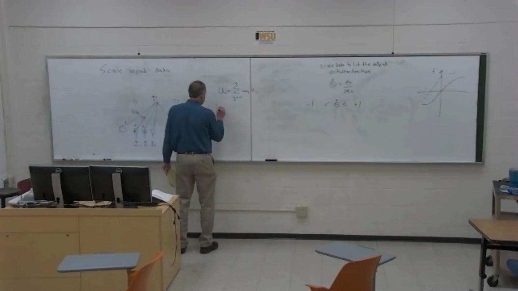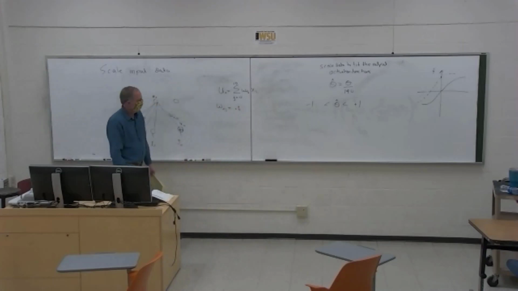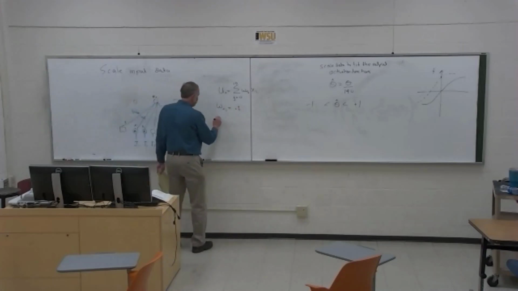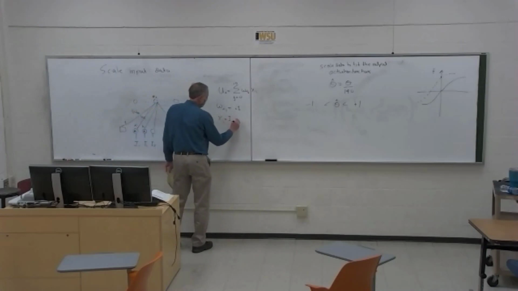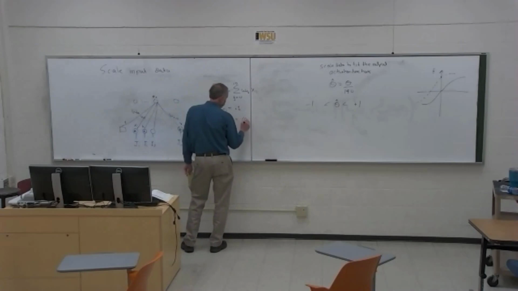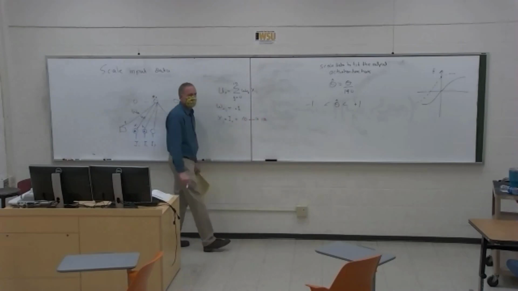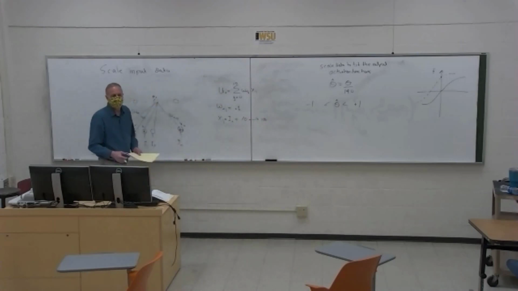So let's say, just for the sake of argument, that all of the weights are 0.1, and all of the x's, which are equal to the inputs, have values of like 10 to 100, or maybe measures or something.